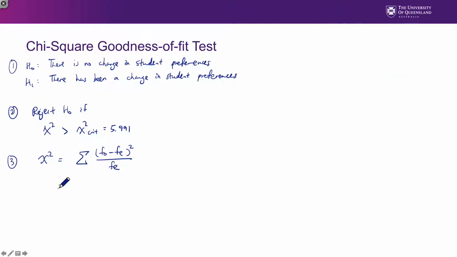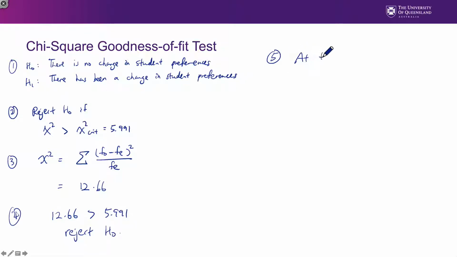To work that out, we have already got the value of 12.66. So we know that 12.66 is definitely more than 5.991. So we say that we do reject H0.